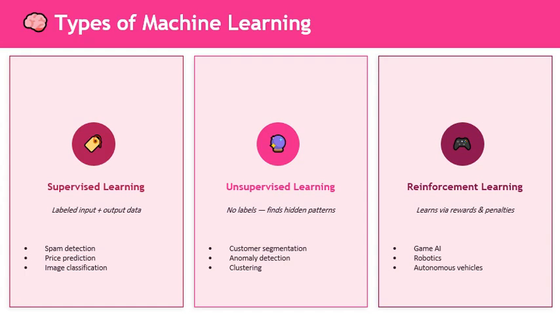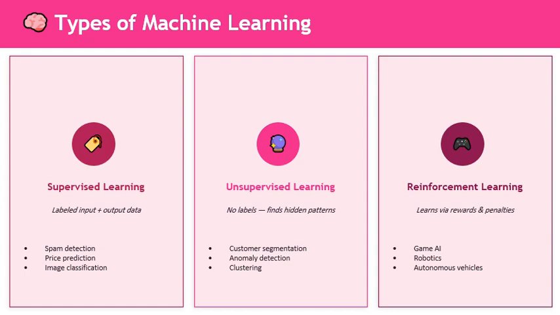Example, price prediction, fraud detection, spam classification. Number two is unsupervised learning. There are no labels. The model tries to discover hidden structures and patterns. Example, customer segmentation, clustering, animal detection.